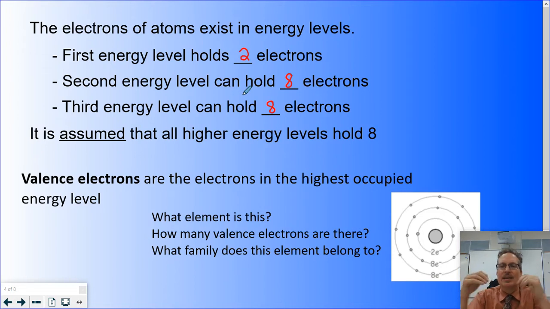You have 8 elements on period 2. You get 8 electrons in the second energy level. In the third period, again, if you do a quick count, you have 8 elements, which means 8 electrons in the third. After that, we assume that all higher energy levels hold a maximum of 8.